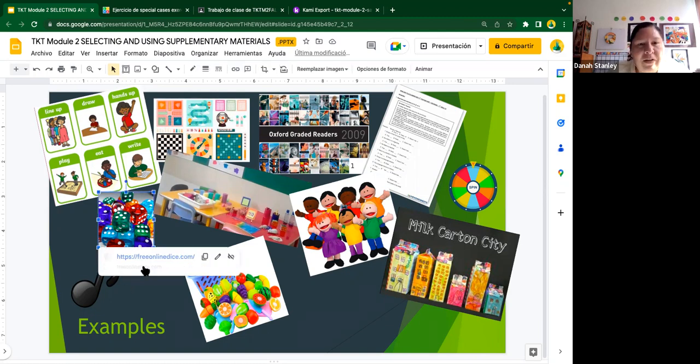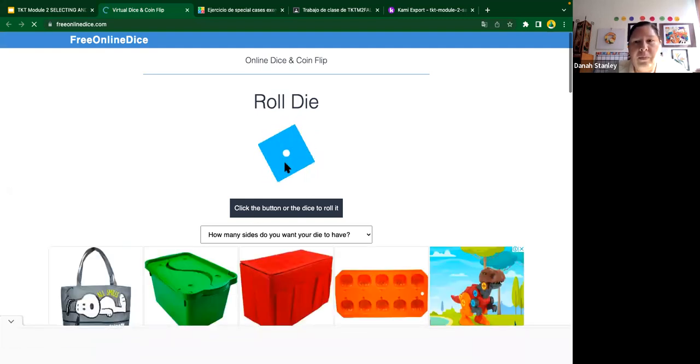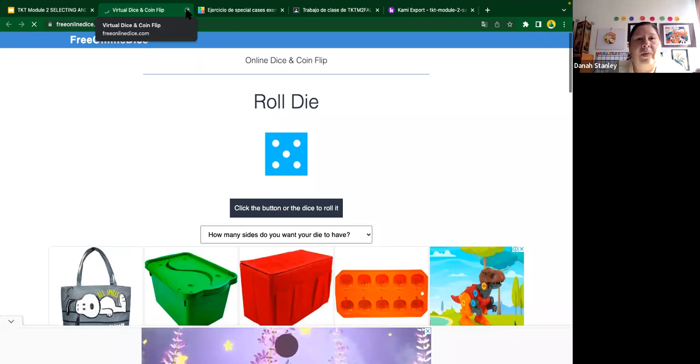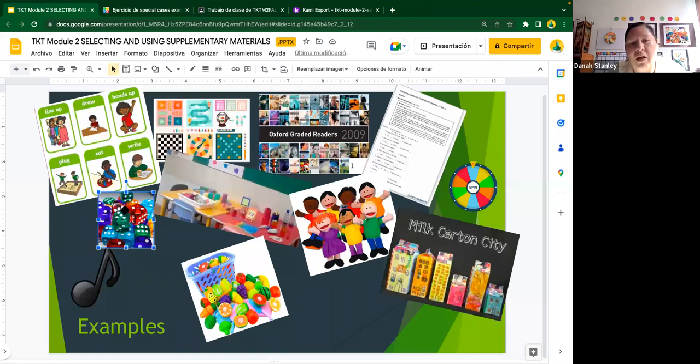We also have these resources online. For example, the dice or this spin wheel. For, no sé, un tic-tac-toe o no sé qué. So there are thousands and thousands of things. Aquí está el spin wheel.